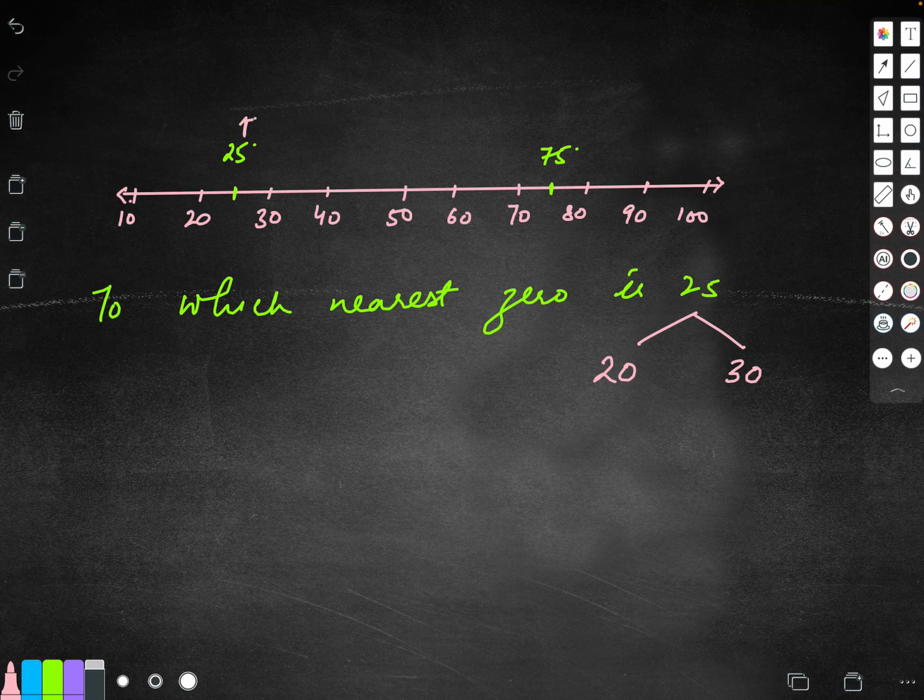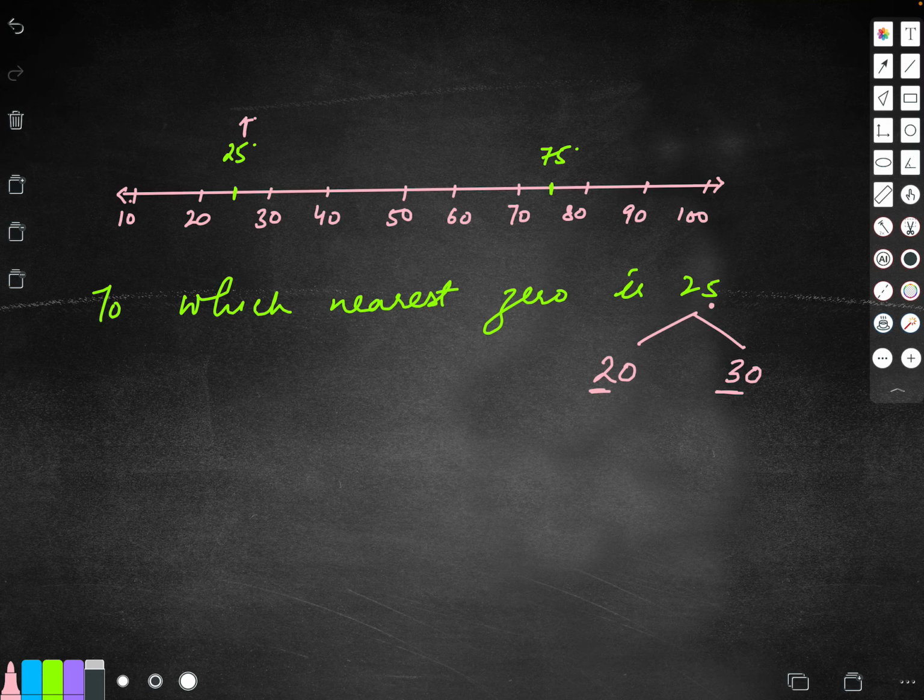Now, for the digit 5, it will always be a confusion. So, I give you a thumb rule. When I have to decide whether 25 is near to 20 or 30, I will decide upon the rule which I am just going to tell you. If I am about to judge the tens place, listen carefully, I will look at the ones place.